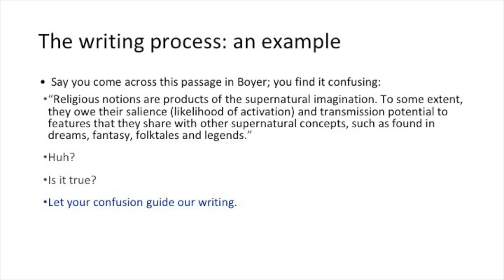Well, if you're like me, you probably find that sentence really confusing. What does Boyer mean by these terms? Supernatural imagination, salience, activation, transmission potential, features, concepts. Individually the words make sense, but when they're strung together in the sentence, I find it hard to know exactly what Boyer's wanting to say about us and how we think. So maybe that problem is mine and I need to work harder.